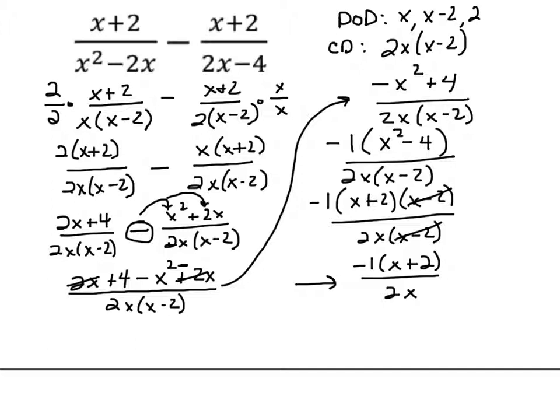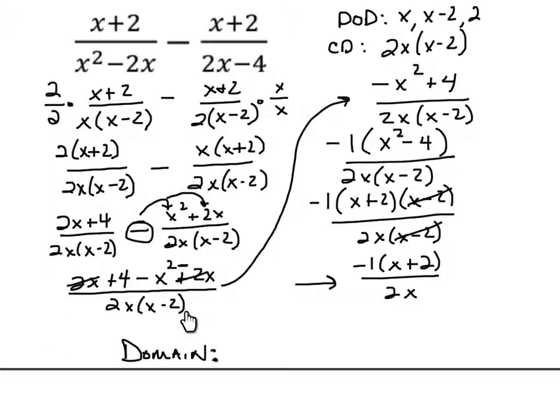Now, the one thing that concerns me with you guys is that you don't do your domain early, and this is one of the reasons I waited till the end on this. If I just did my domain down here, it would be 0, but I can't do the domain down here. I have to do the domain right here before I cancel things out.